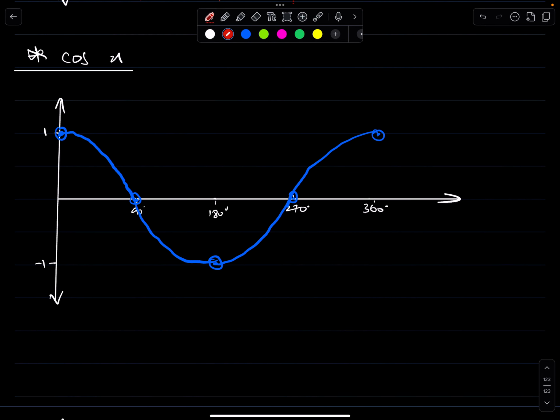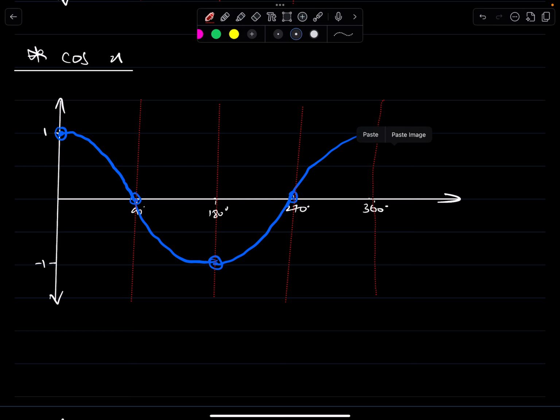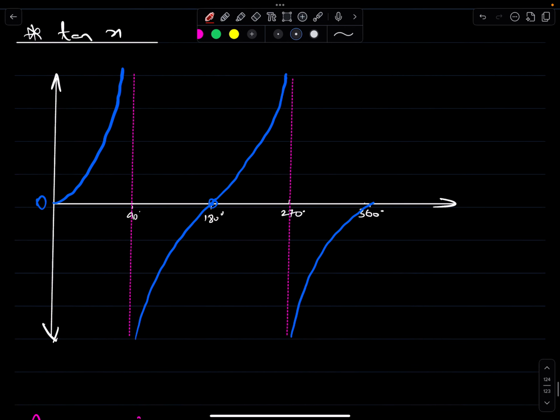Similarly, in the graph of cos, we will draw these dotted lines again, and at 360. The graph of cos is positive in the first and fourth quadrants, and this is again, ASTC is again in line with the fact. Then we have the graph of tan x.